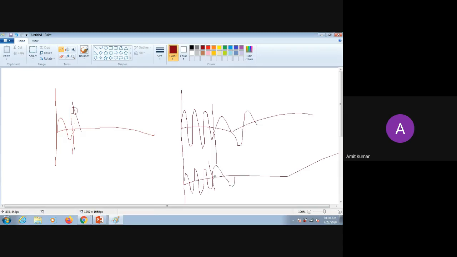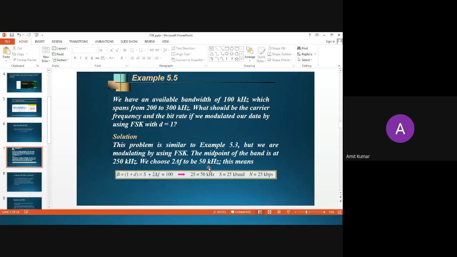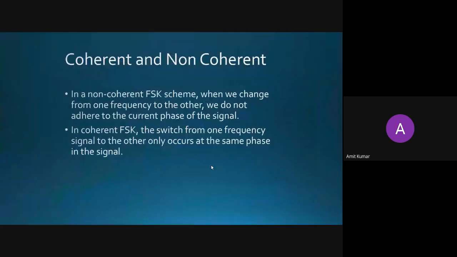So the phase that it started with here is 150 or 140 degree, or 340 degree, but in this case the phase will be always either 0 or 360 degree. So that is the difference between coherent and non-coherent FSK scheme.